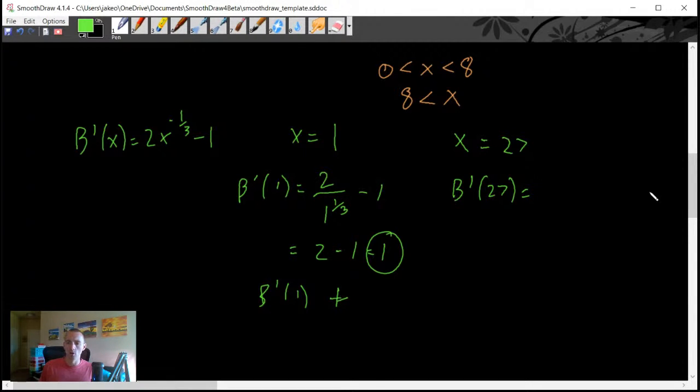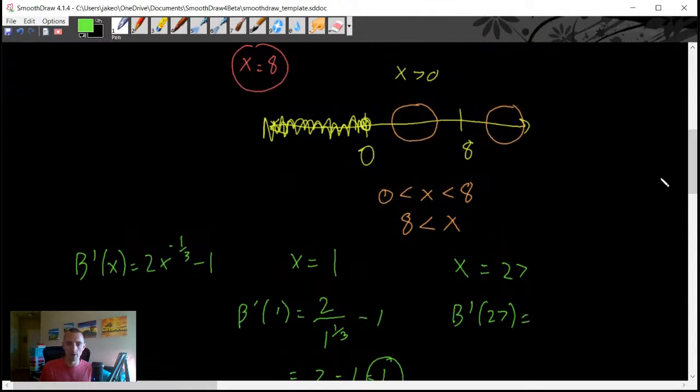Okay. So going back up here now to our interval, that tells us since our derivative was positive in this interval, our original function, b of x, is increasing. You want to always keep in mind the derivative of a function tells you about the original function's slope. So if the derivative is positive, the original function's slope is positive.